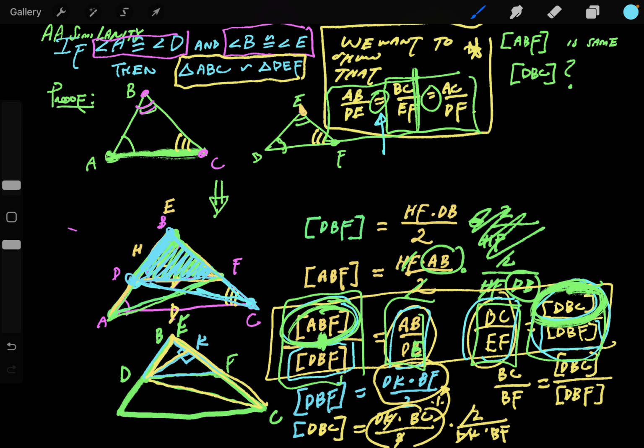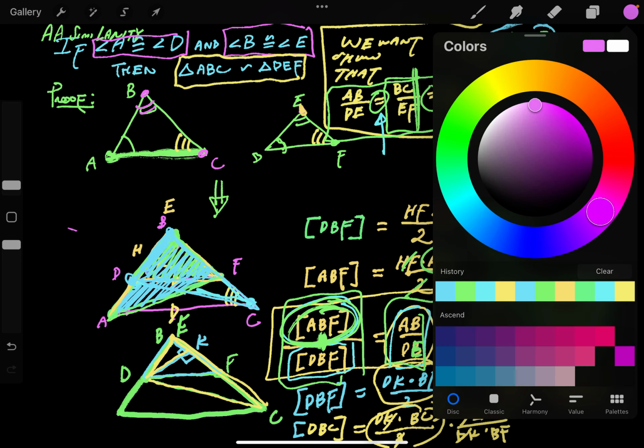So the only thing I really need to show, if these two are the same, is the area of ADF, right? This piece. We should see that ADF plus DBF is ABF, right? ADF is the same as, okay, and then let's look in the other triangle.